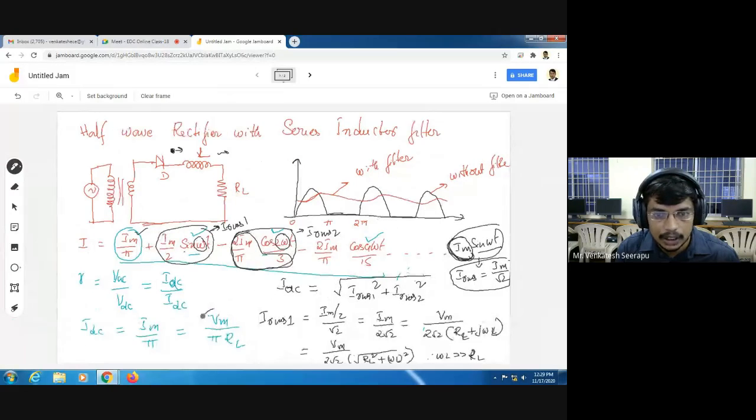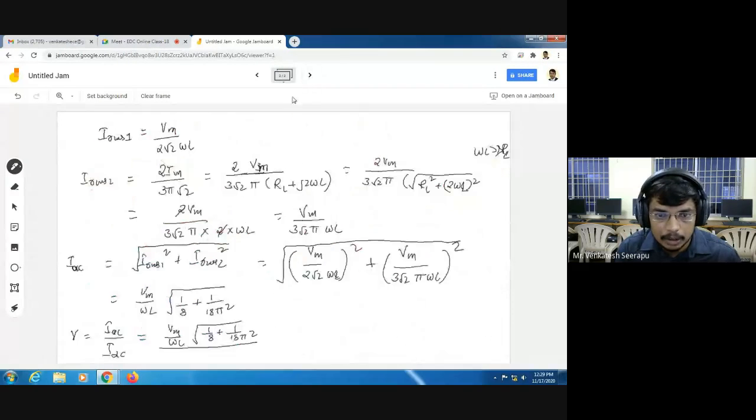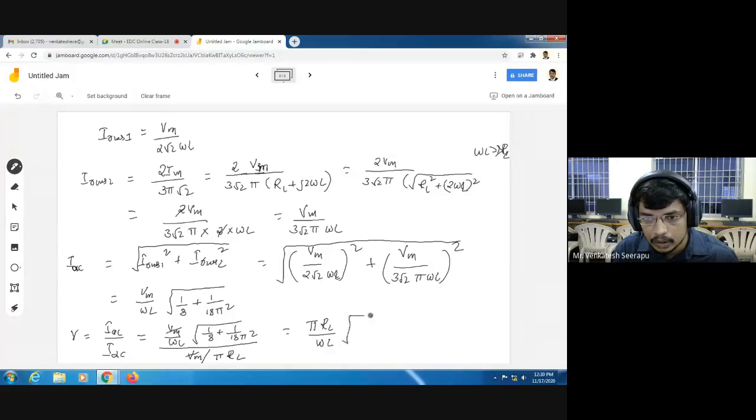So in place of IDC I am replacing Vm by pi into RL. Vm cancels, so here I got pi RL by omega L into root over 1 by 8 plus 1 by 18 pi square.